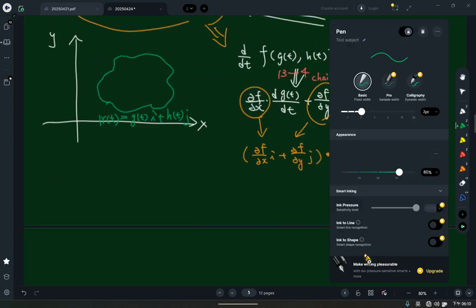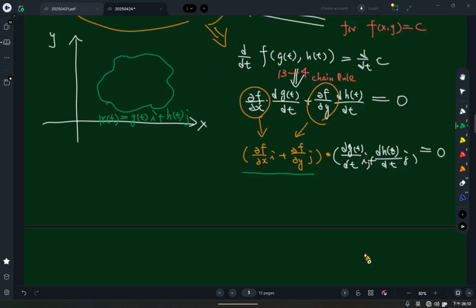So if two vectors have their inner product equal to 0, that means these two vectors are orthogonal to each other, right?